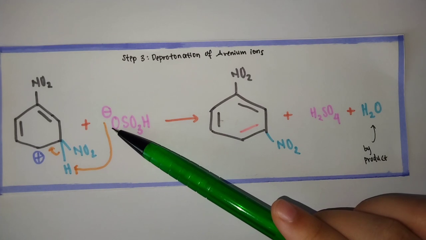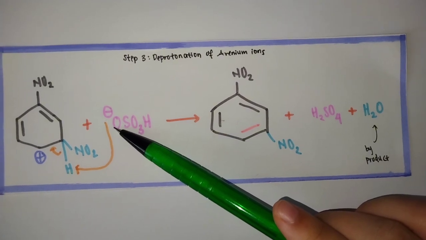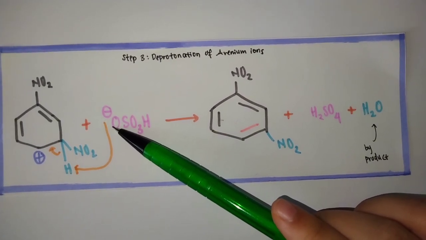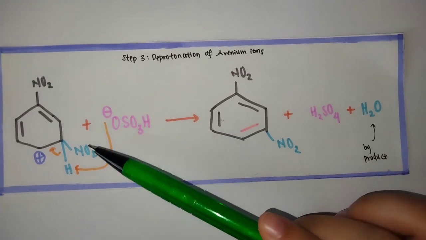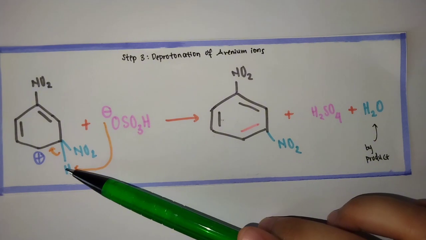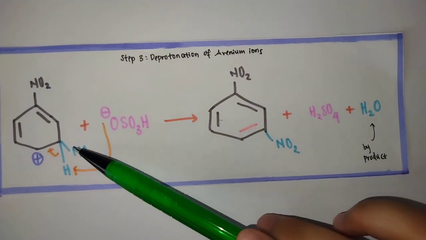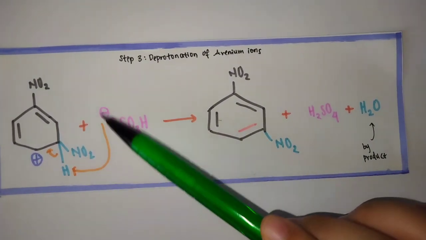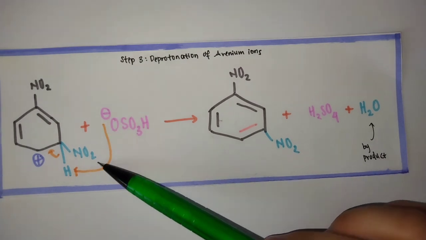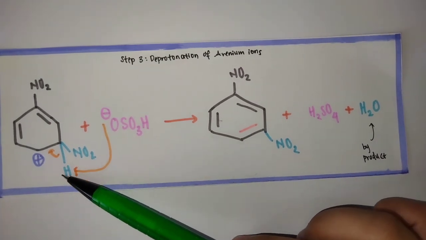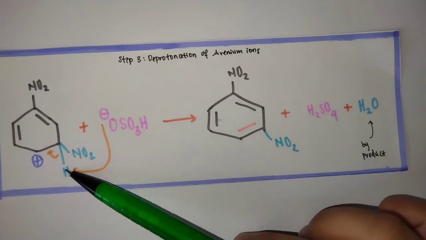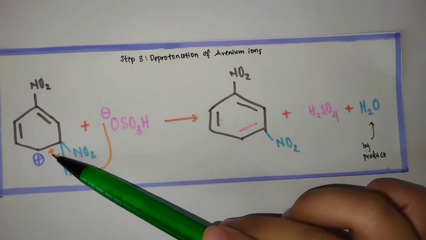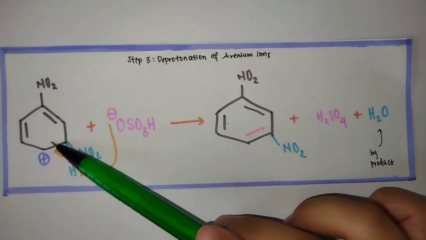The negatively charged HSO4 minus ion can act as a base and attract a proton from the carbon atom adjacent to the positively charged carbon atom in the arenium ion. So it will attract the proton from here, and this bond will break down and form a new pi bond here.